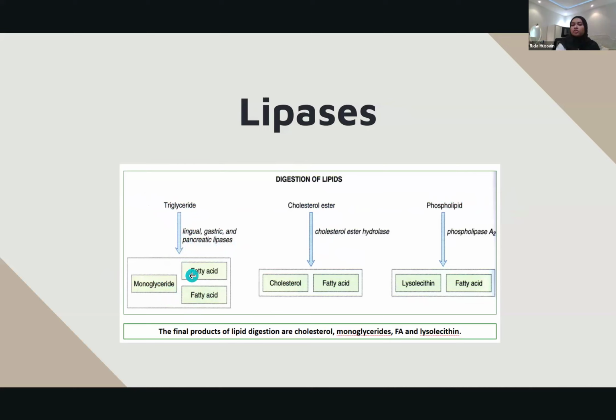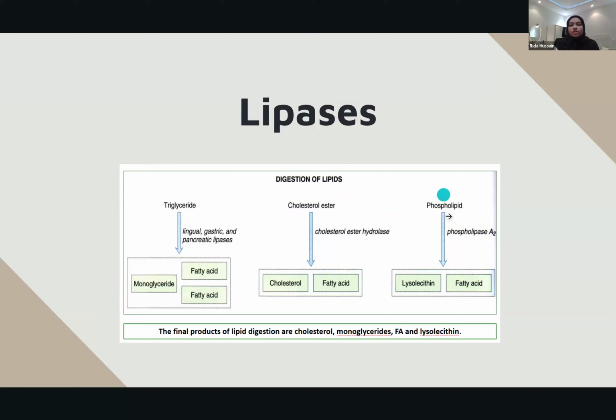Now these fatty acid chains can be short fatty acid chains or longer ones, okay? We'll get into that in a bit. Monoglyceride, it can be glycerol, it can be other products. Now, the cholesterol ester is broken down by the cholesterol ester hydrolase into one cholesterol molecule and one fatty acid.